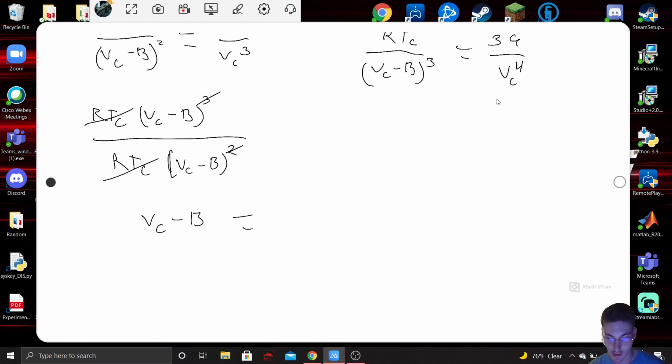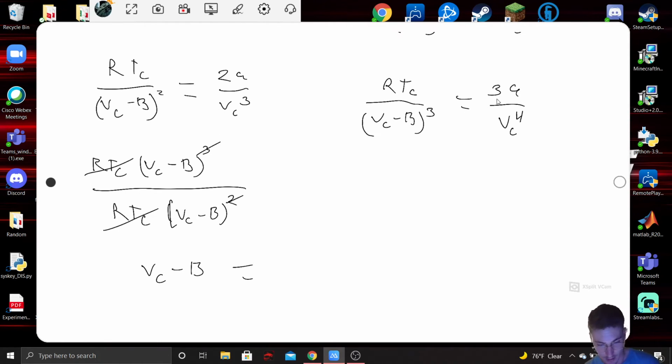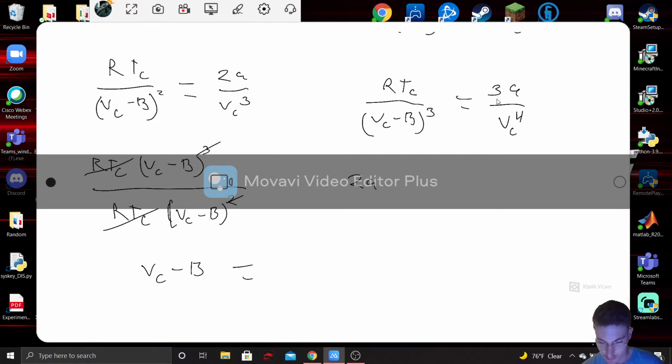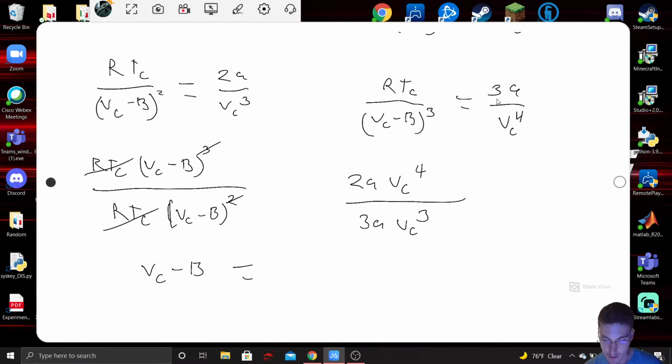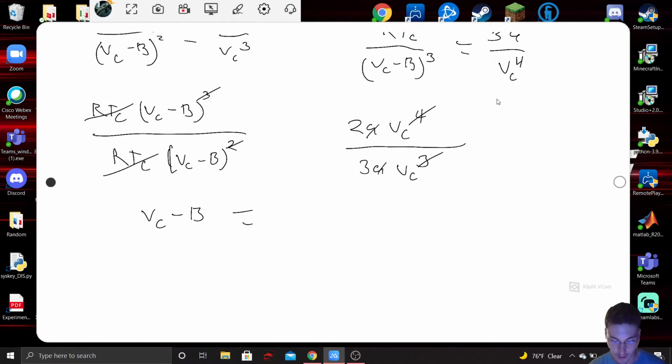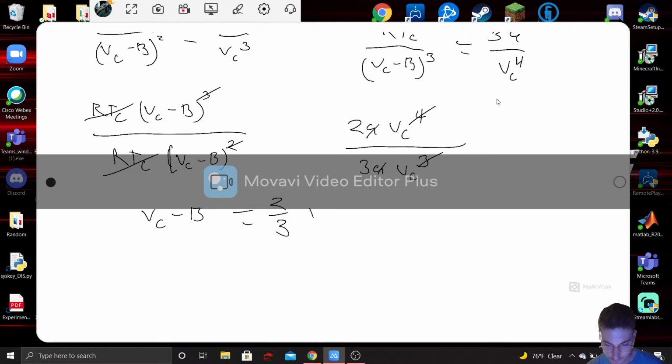And then that will be equal to 2A VC to the fourth over 3A VC to the third. And then those A's right here will cancel out. So then we'll be left with VC minus B is equal to 2/3 VC.